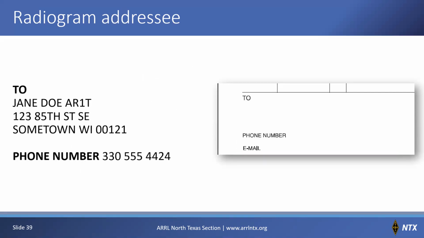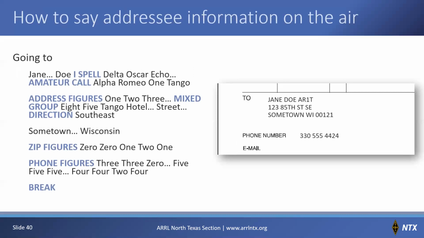So here's an example. We're going to send this to Jane Doe because I'm very creative with my fake names, and she's in some town, Wisconsin. The way that this would get transferred, you would fill out in the radiogram like I have it on the right. And the way I would say this on the air, and again, I go slower: Jane Doe, I spell Delta Oscar Echo, amateur call Alpha Romeo 1 Tango, address figures 123, mixed group 85 Tango Hotel Street, direction southeast.